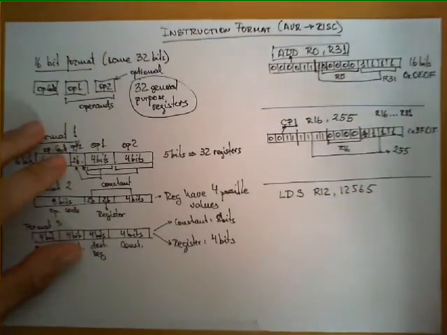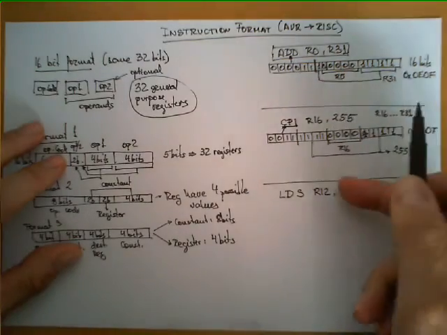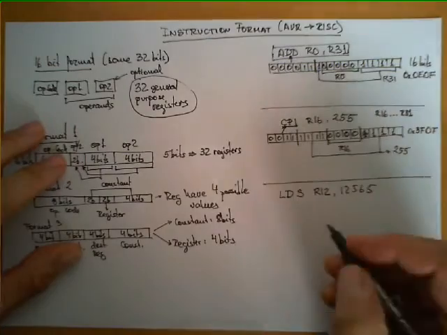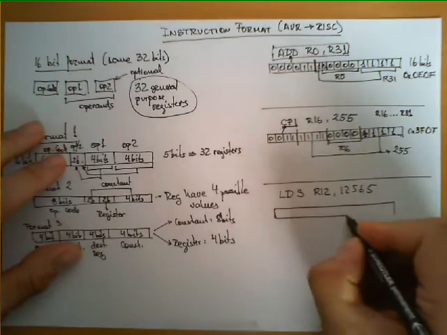So going back to this example, as I said, we're going to go to memory, to this address, and obtain data that is going to be stored in R12. How is this encoded in this format? Well, this instruction is a little bit of an exception because instead of 16 bits, it's going to use 32.